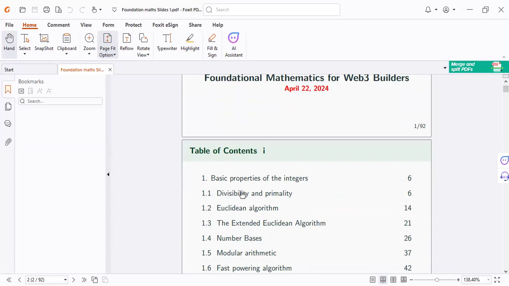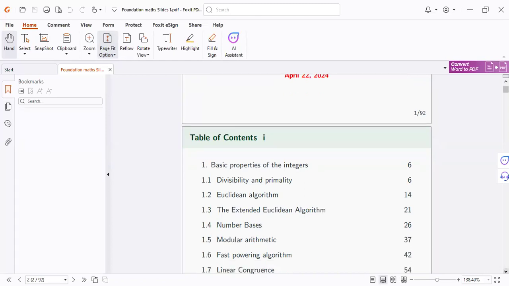I'll be looking at the basic properties of integers, divisibility test, Euclidean algorithm, the extended Euclidean algorithm, then number bases, then modular arithmetic, and so on. Today we may cover up to number bases, or modular arithmetic, if time allows.